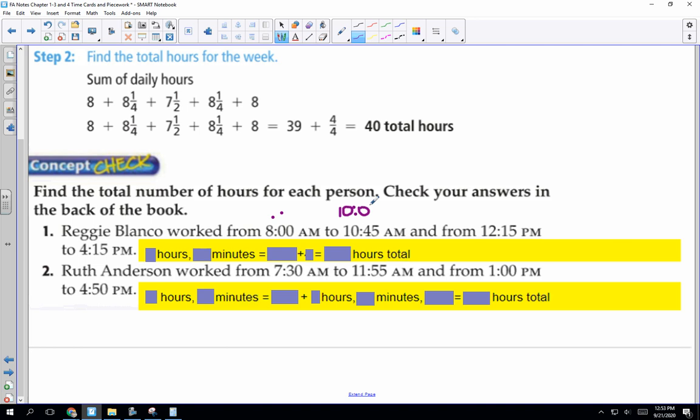So how many minutes is from 10 o'clock to 10:45? Oh, that's 45 minutes. So the first piece of this was 2 hours and 45 minutes.